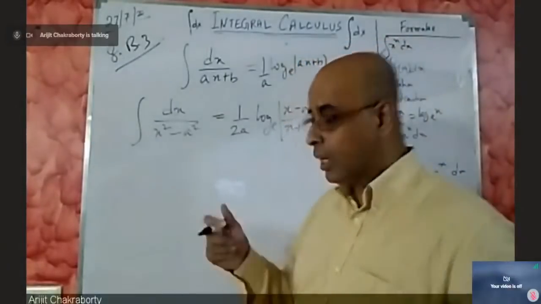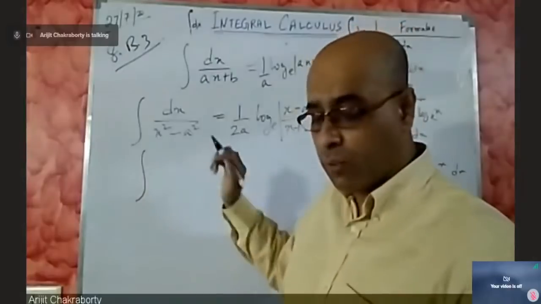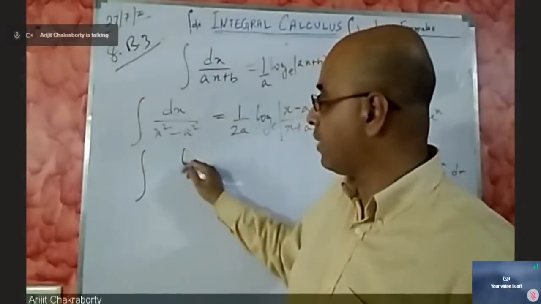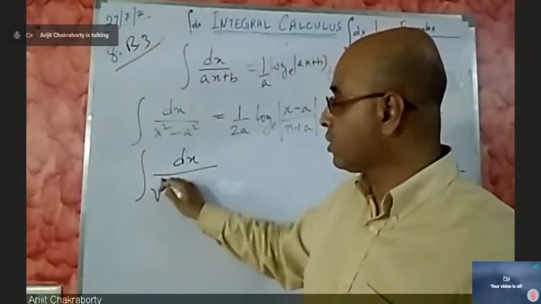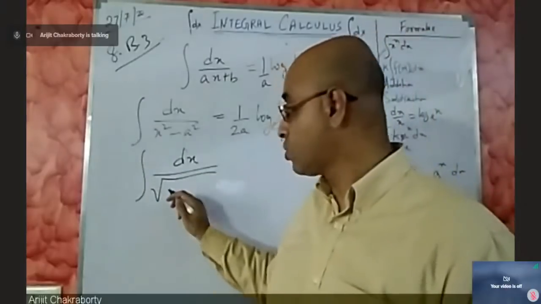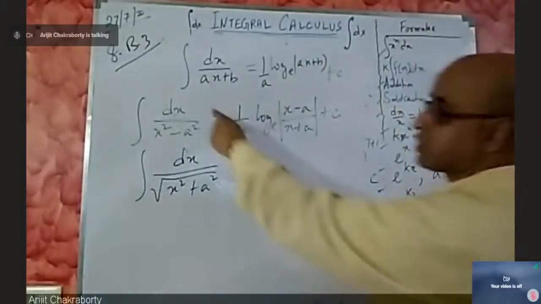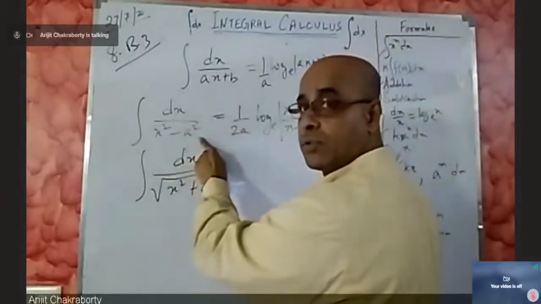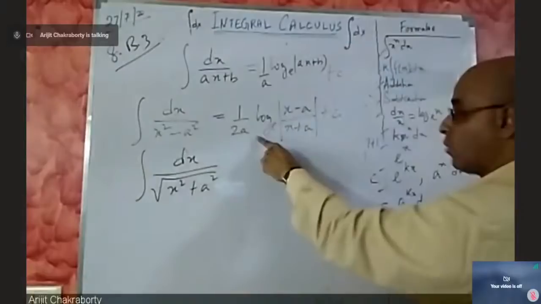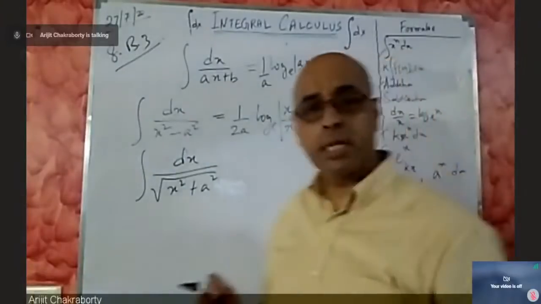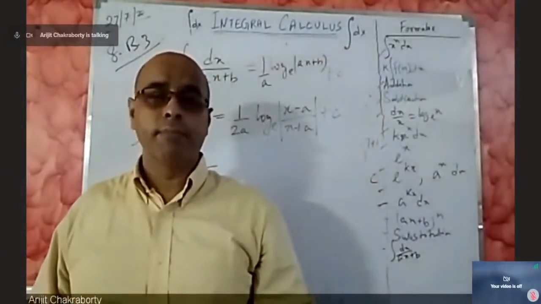After this, the other one is what happens when we have dx over the square root of x square plus a square. This was dx by x square minus a square, where the formula was 1 by 2a log of x minus a by x plus a plus c.